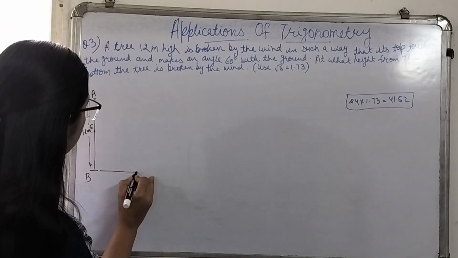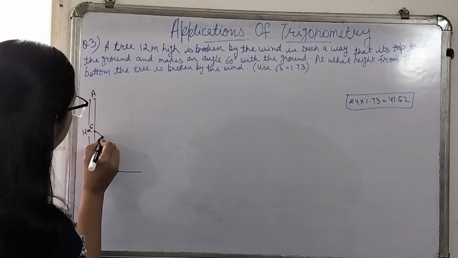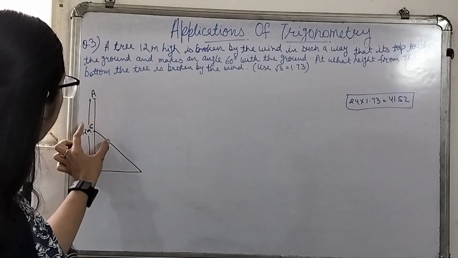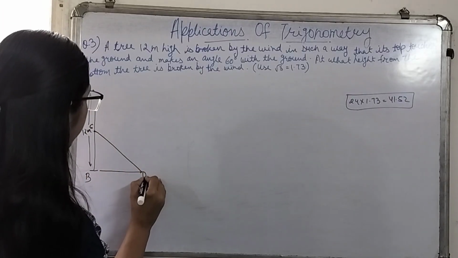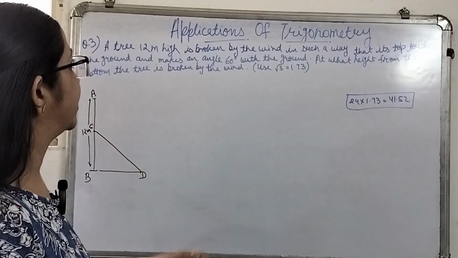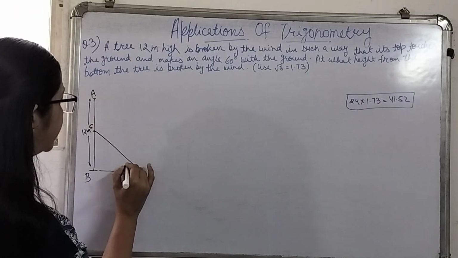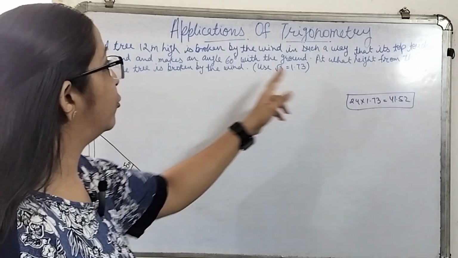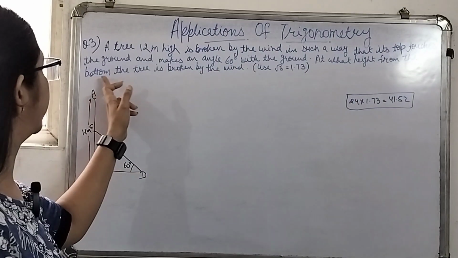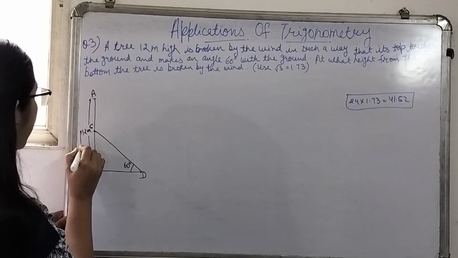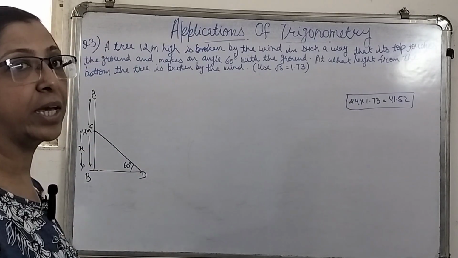Suppose this is the ground and it is touching somewhere here at point D. The angle of inclination, that is the angle of elevation, is given to you as 60 degrees. That means this angle is 60 degrees. We have to find at what height from the bottom the tree is broken. So we have to find this distance, and suppose this distance is x.